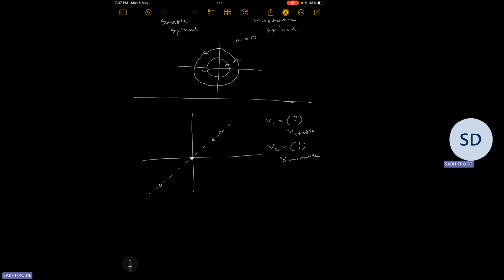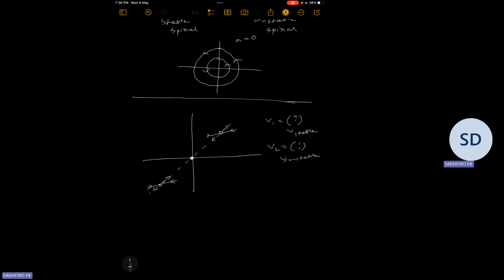So this is the unstable direction, and this is the stable direction. Similarly, for this point also, the unstable direction is this, and the stable direction is the same, like this.